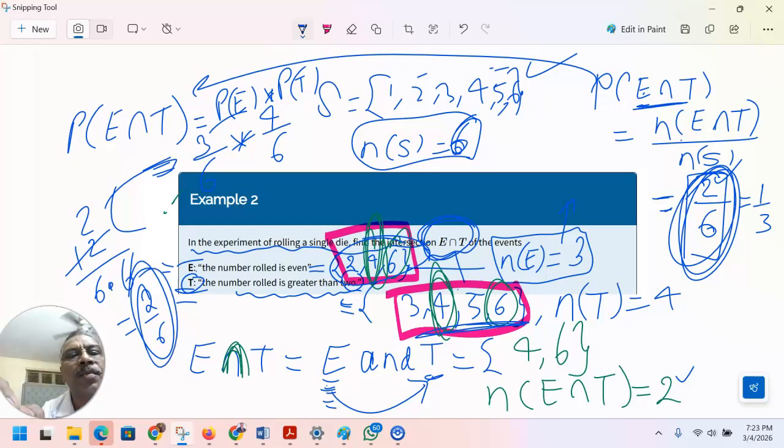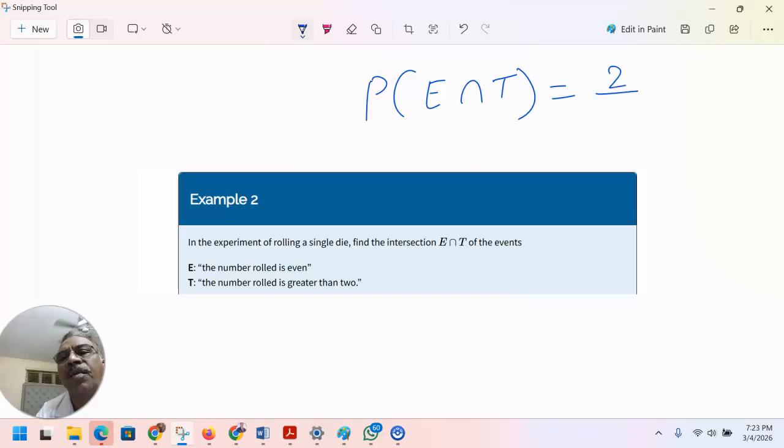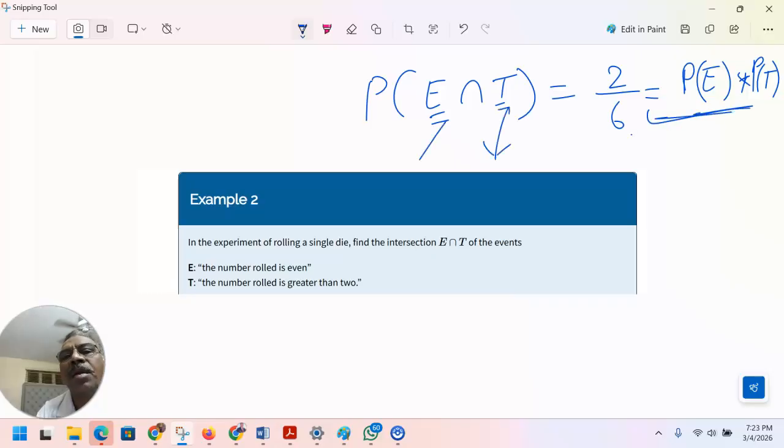So what did we learn from here? What I'm trying to say here is, let me clean this off. What this means is probability of even intersection and a number that is greater than 2, and we can see we got 2 out of 6, which can be written also as probability of E times probability of T. Not always can this happen.